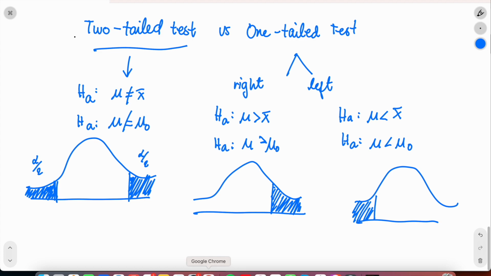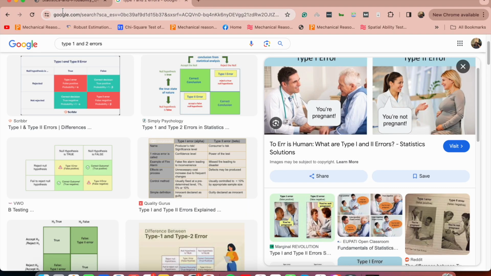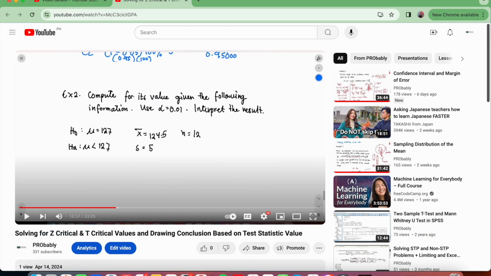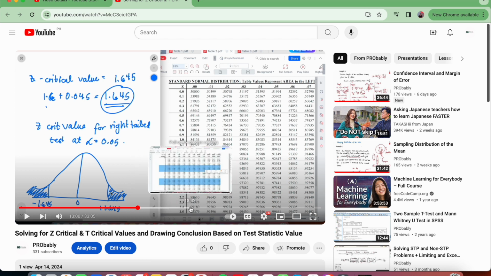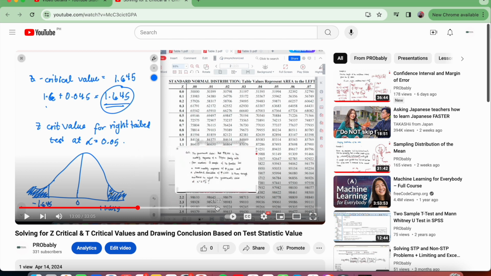From my previous example, I know that there are tests here which are actually one-tailed, but I used this instead.